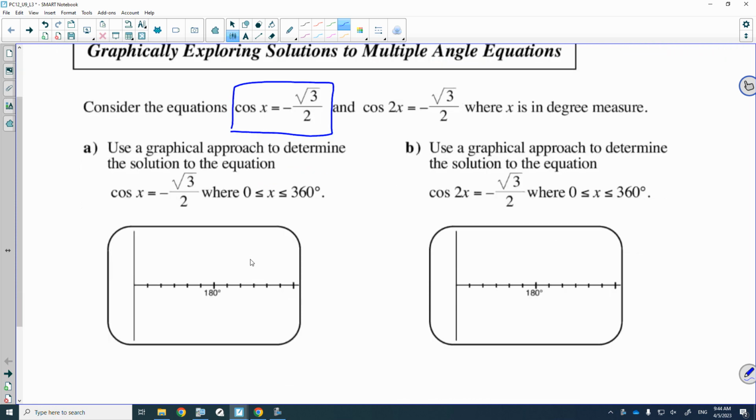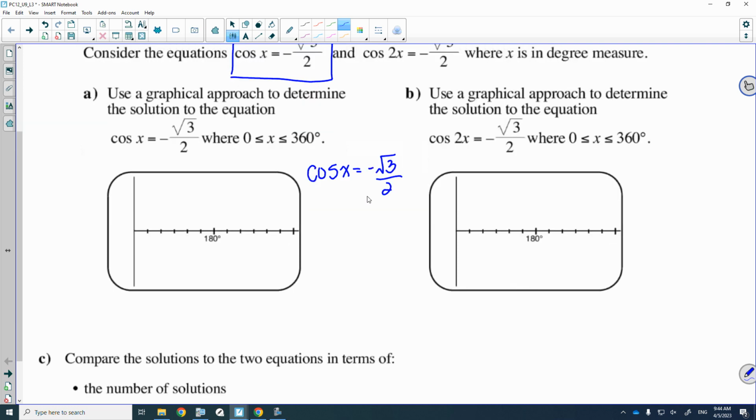Okay, so I want you just to write the cosine of x is equal to negative root 3 over 2. Okay, so write that guy down. We know that cosine is negative. So according to CAST, I am going to have solutions in the two quadrants where cos is negative, which would be in this quadrant and in this quadrant.